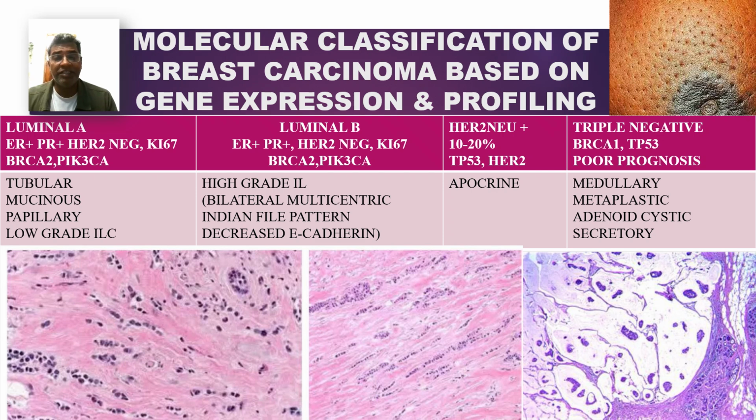In Paget's disease of the nipple, which is also called mammary Paget's disease or Paget's disease of the breast, there will be bloody discharge from the nipple. The characteristic feature is that first the nipple is involved, followed by the areola. This is very, very important related to Paget's disease of the nipple.